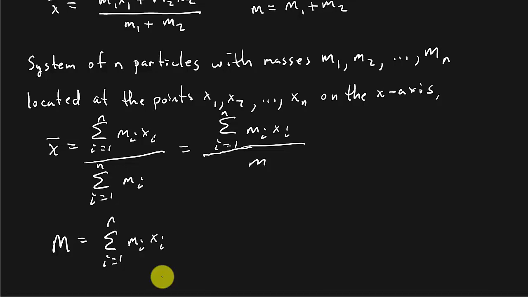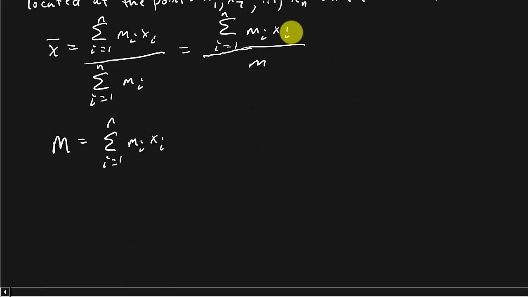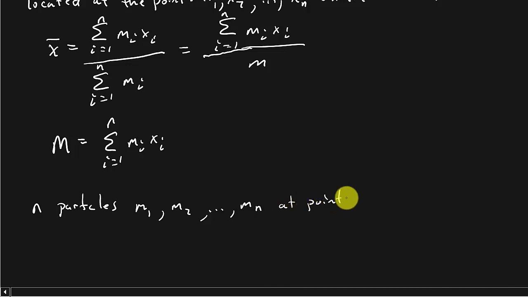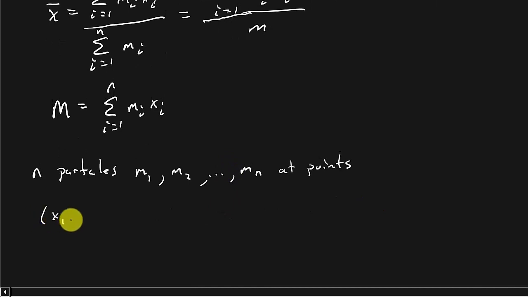We can also consider a system of n particles with masses m1, m2, all the way to m sub n, located at the points x1, y1, x2, y2, all the way to x sub n, y sub n, in the xy plane.